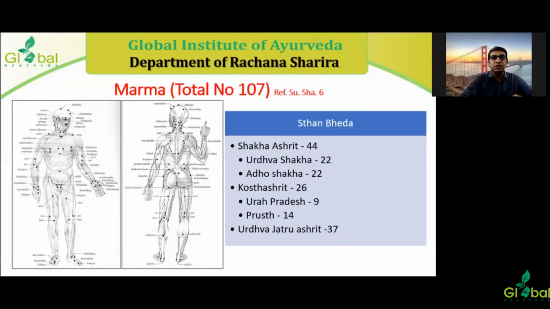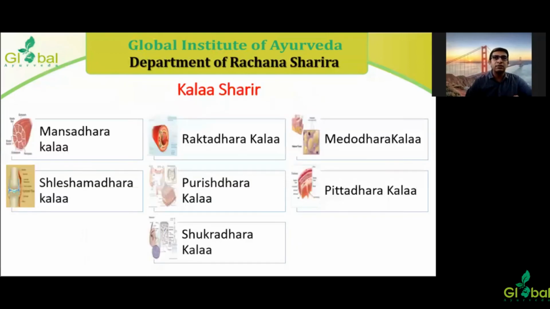Koshthashrita, 26, that is the trunk region. Among them, 9 in the urah pradesha, that is the thorax, and 14 in the prishtha, that is the back region. Urdhvajatrugata marma, that is marma situated above the clavicle, 37 in number.